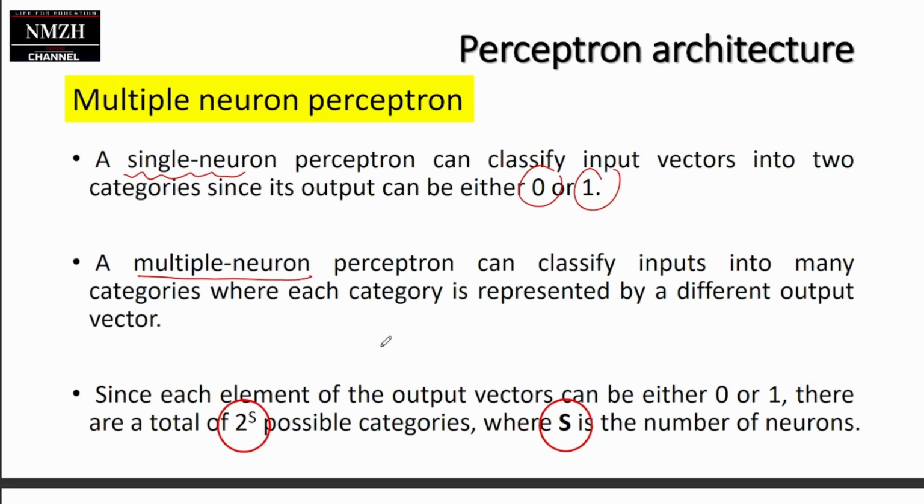Since each element of the output vector can be either 0 or 1, there are a total of 2^S possible categories, where S is the number of neurons. So if we have one neuron, S equals 1, giving 2. S equals 2 gives 4. So the number of categories depends on 2^S. That is the correlation between the neurons and the possible categories to be found.